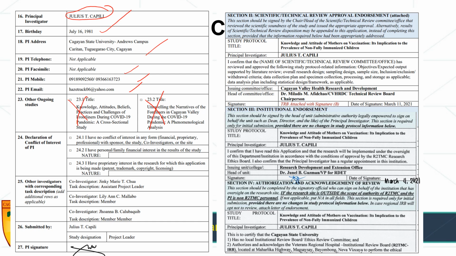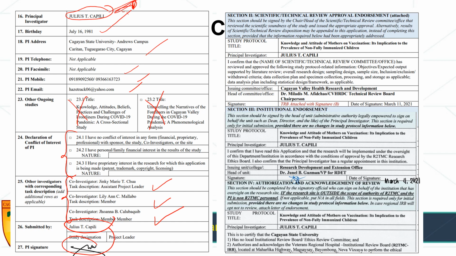If there are conflicts of interest, you need to write here and add your co-investigators here. So maybe in this part, you just write the leader of the group and then just put your co-investigators here, and then submitted by, and then the signature of the principal investigator.